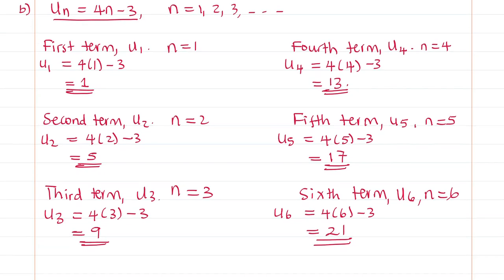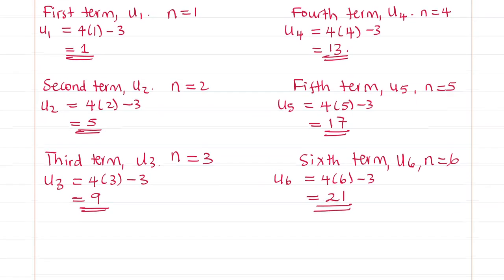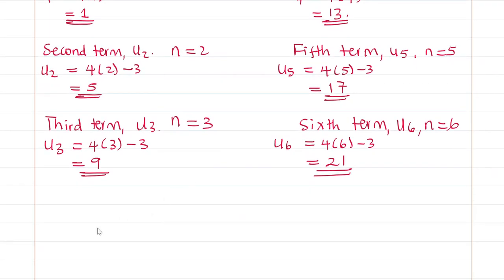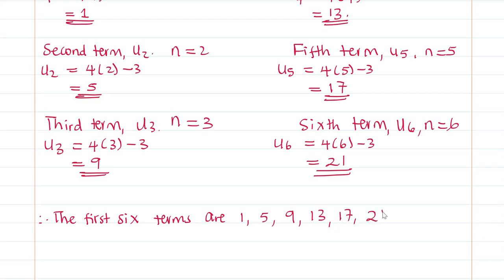So the question said that we state the first 6 terms of this sequence. Therefore, the first 6 terms are 1, 5, 9, 13, 17, and finally 21.